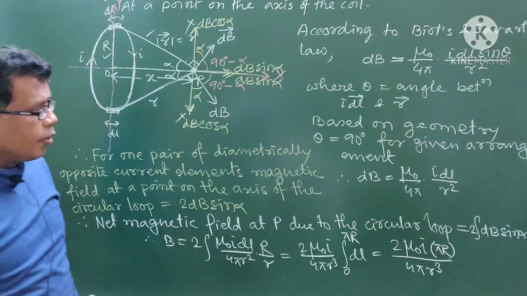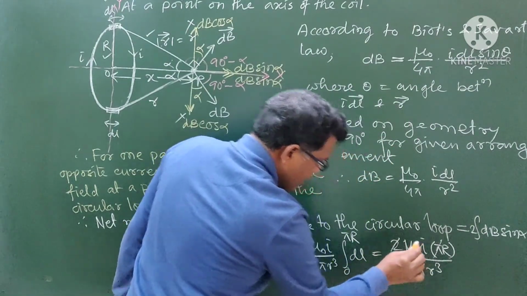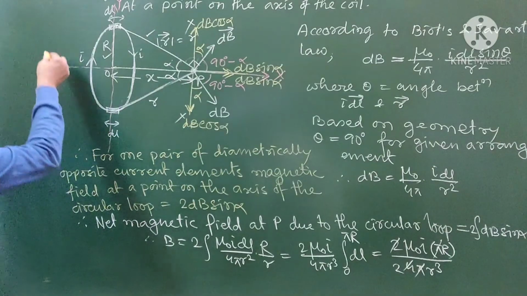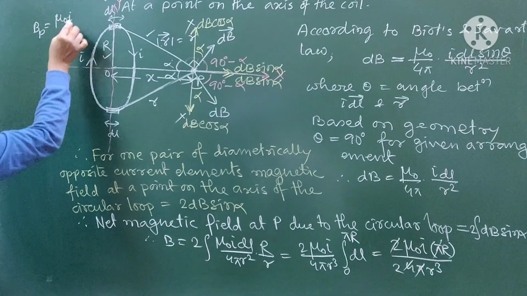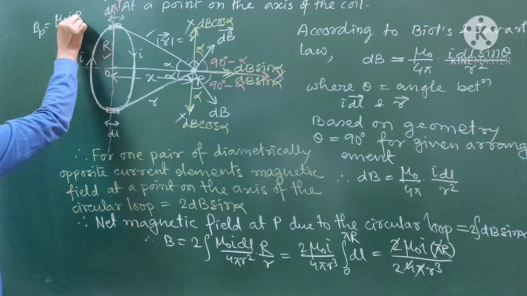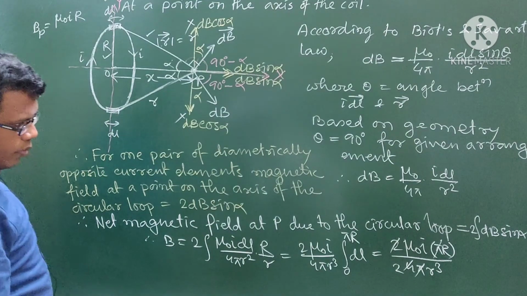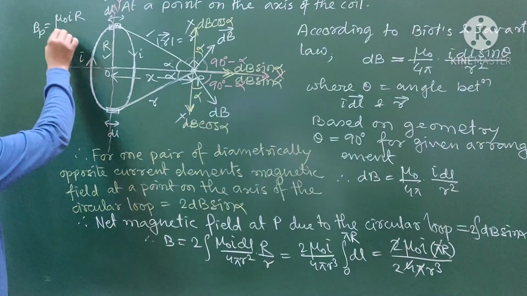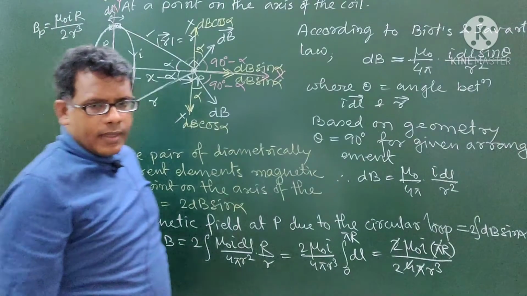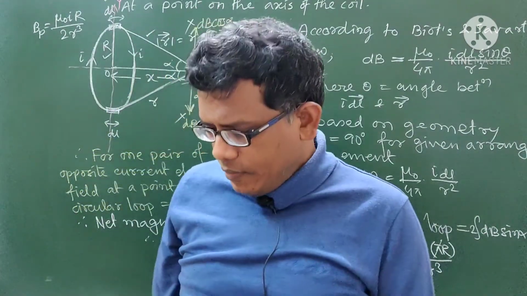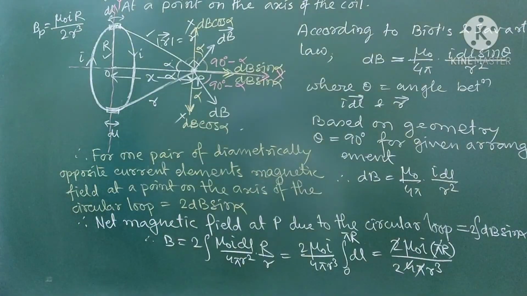If you cancel this pi and this 2, the ultimate result at P we are getting is mu naught I into capital R divided by 2 small r cube. Is that fine? Any doubt? You can check the calculation.